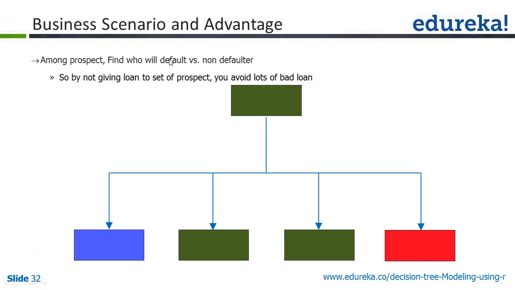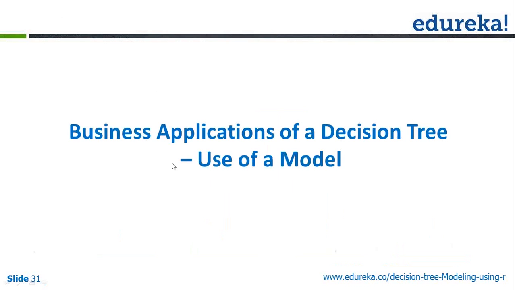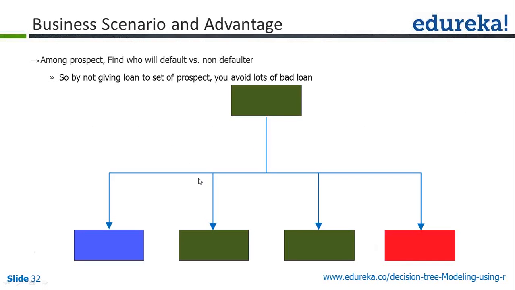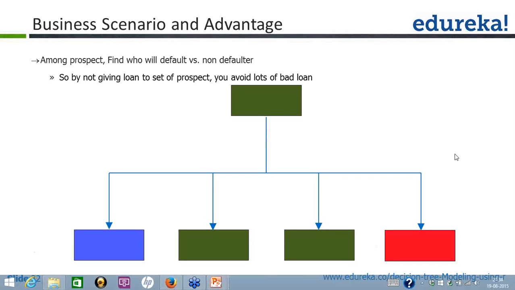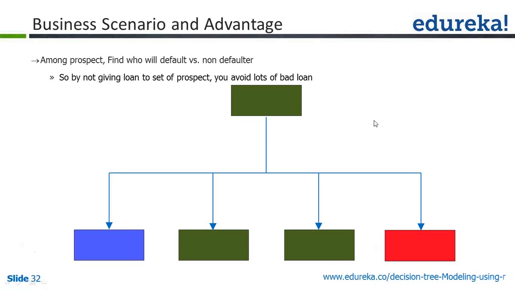This time I'm talking about a different scenario. I'm giving you different business applications of a decision tree. If you are trying to predict default, what is default? You give a loan and somebody does not pay you. Those who are not paying you, that's a default.